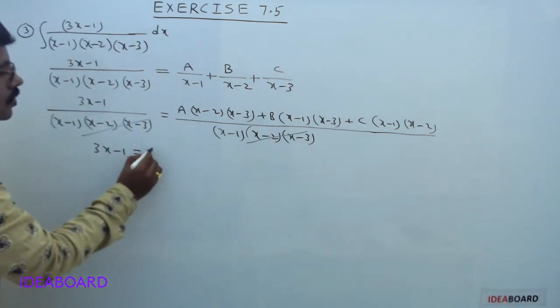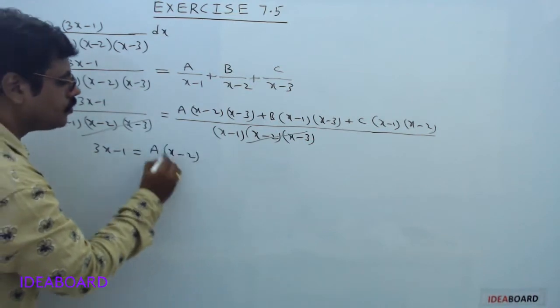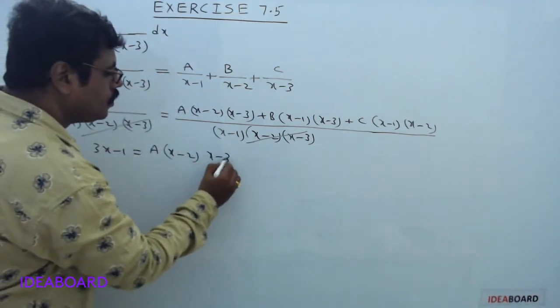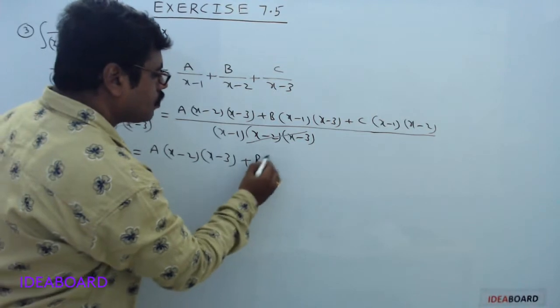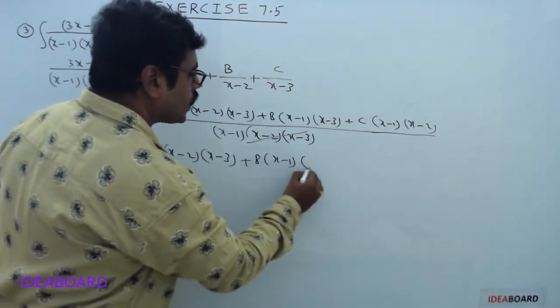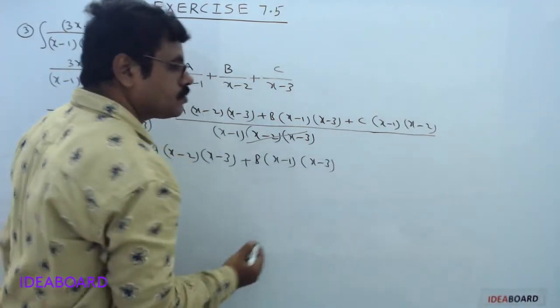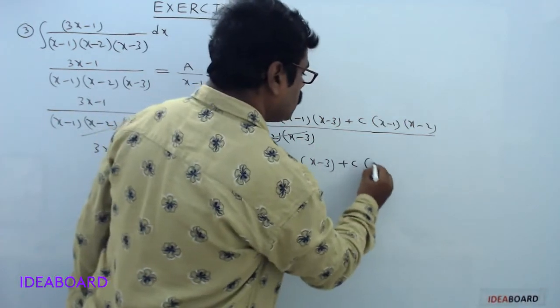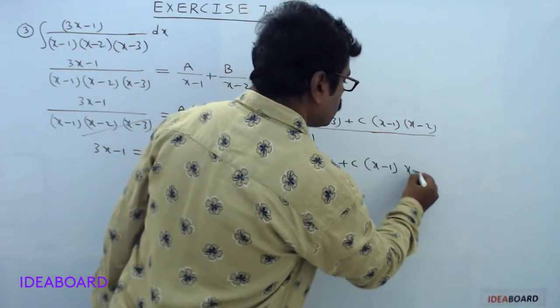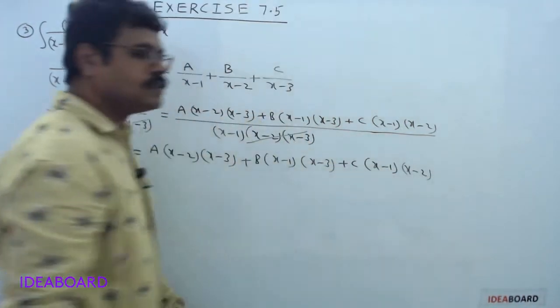3x minus 1 equals A into (x minus 2)(x minus 3) plus B into (x minus 1)(x minus 3) plus C into (x minus 1)(x minus 2).